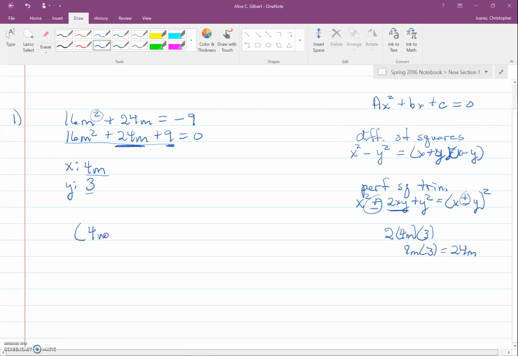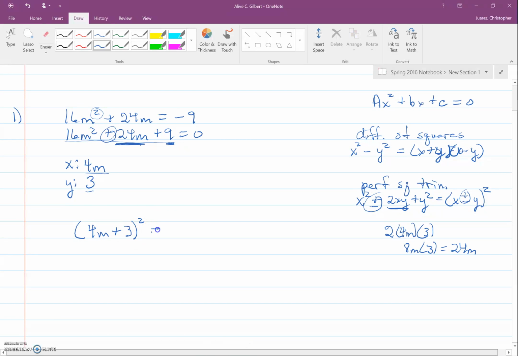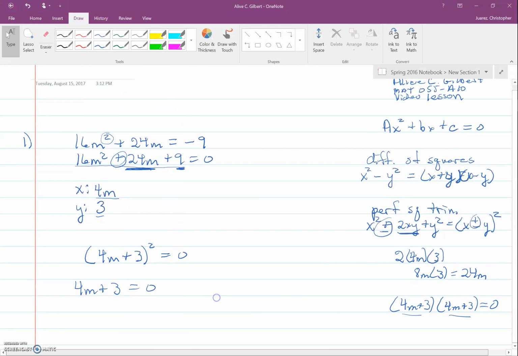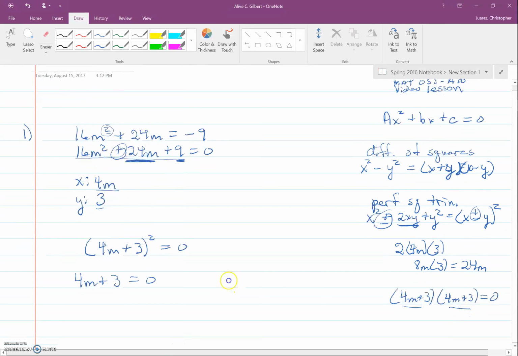So this goes into 4m plus, because this guy's plus, 3, the quantity squared, equals 0. Well, in actuality, that is 4m plus 3 times 4m plus 3 equals 0, but these are both exactly the same, so I only need to do them one time. 4m plus 3, which is why I only get one answer instead of 2.